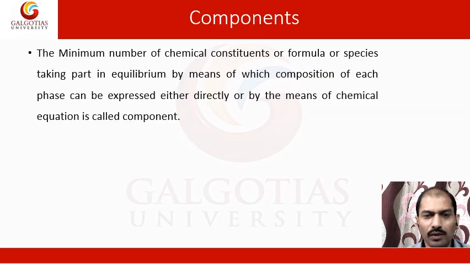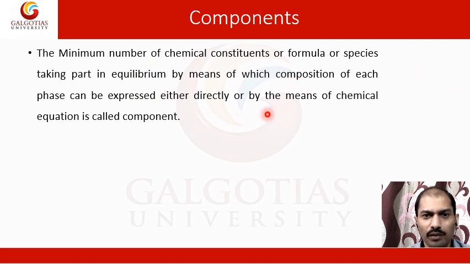So if we see about the component, which is also very important in terms of this overall discussion. The minimum number of chemical constituents or formulas, you can say, or species taking part in an equilibrium, by means of which the composition of each phase can be expressed either directly or by means of a chemical equation, is called component.